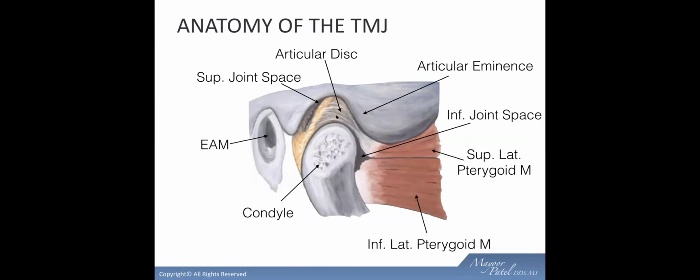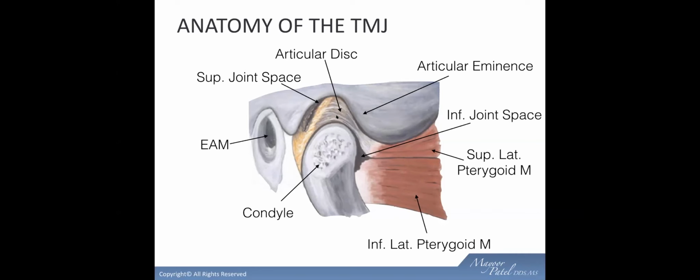When that band is healthy and the disc has not been violated by any means, it prevents itself from slipping between the articular eminence and the condyle. In other words, if you have a healthy disc, you probably won't run into any issues as far as TMD-related internal derangement aspects of treating these patients with oral appliances.